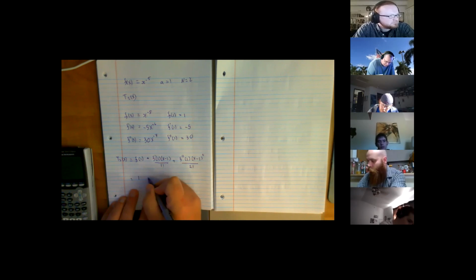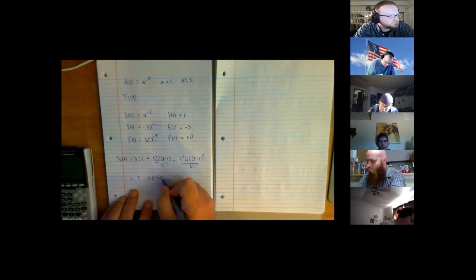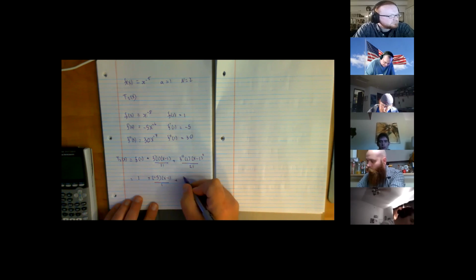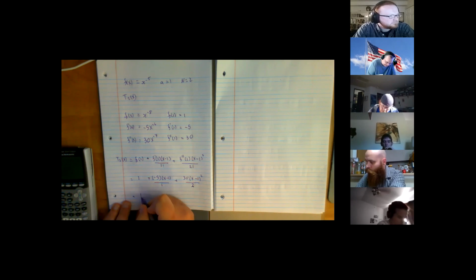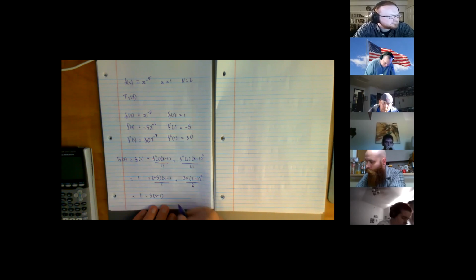And this is a 1. Okay, I'll put it in as -5, x minus 1 over 1 factorial. And then it's 30, x minus 1 squared over 2 factorial, which is 2. And I get 1 minus 5 of these guys plus 15 of these guys.